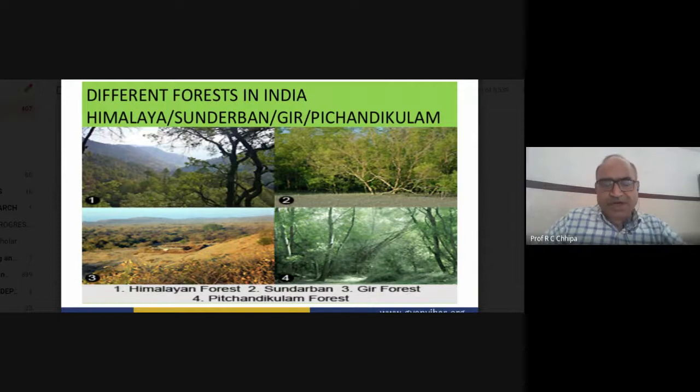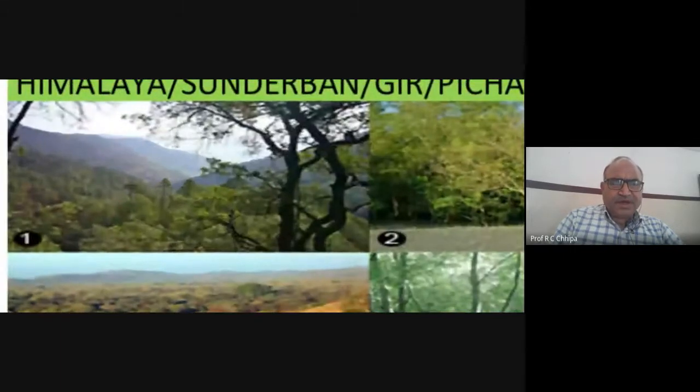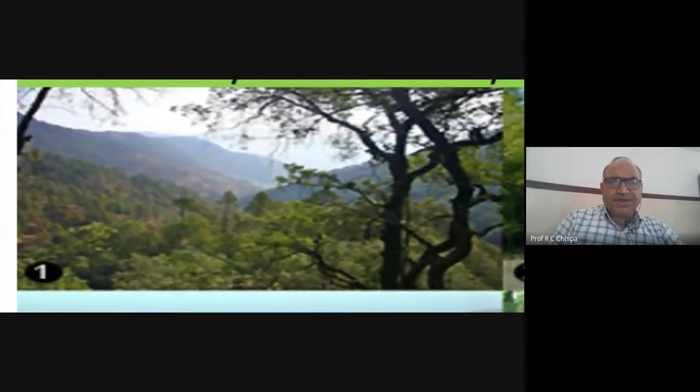Here there are bigger plants, very small plants, and hilly areas. For example, this picture is concerned with the Himalaya region. In the northern part of India, towards Nepal, then Sikkim, then Assam, we reach some of the peaks.